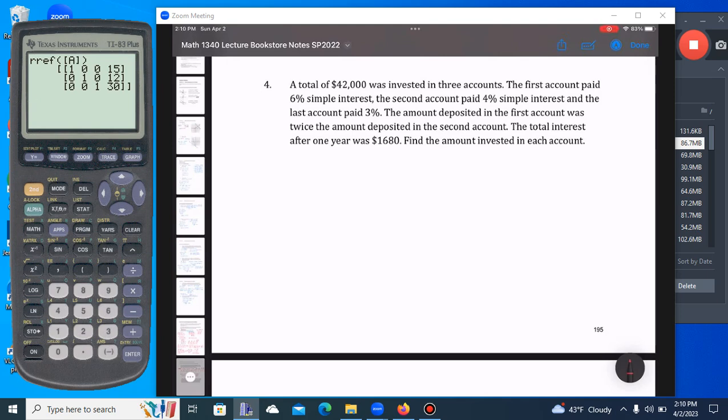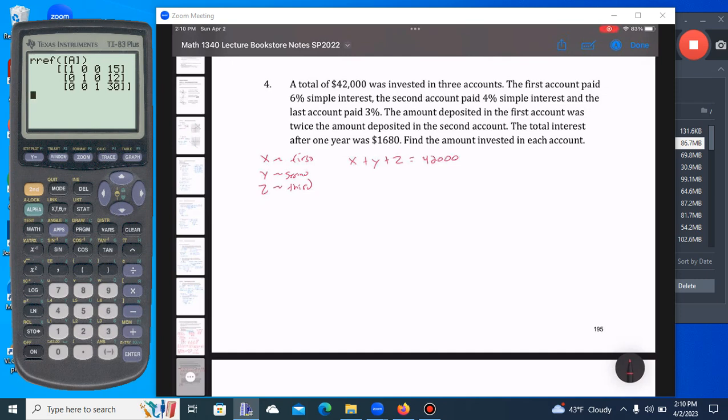We want to find the amount invested in each account. So we'll do X, Y, and Z for each of the accounts: first, second, third. So the total was 42,000. So X plus Y plus Z is 42,000. That's your first equation.